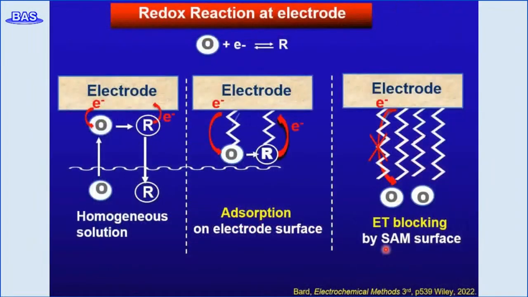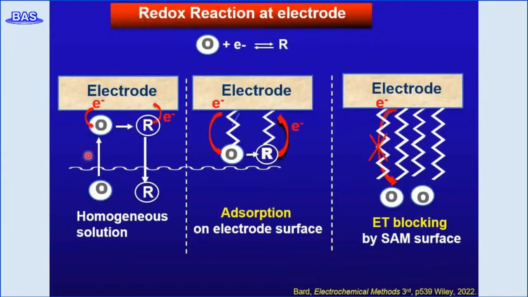The redox reaction at the electrode we have discussed so far focused on the electron transfer between an electrode and chemical species dissolved in solution. That is the homogeneous system. In this case, the mass transport of chemical species onto the electrode is involved, and therefore we can deal with a fixed diffusion theory.